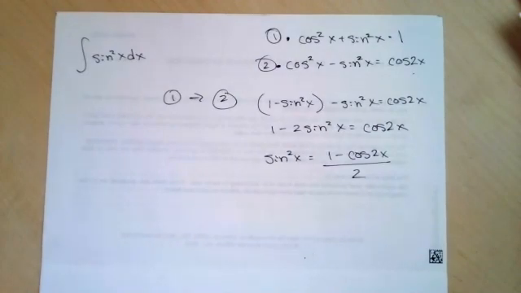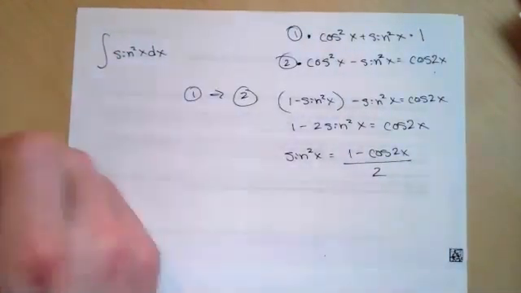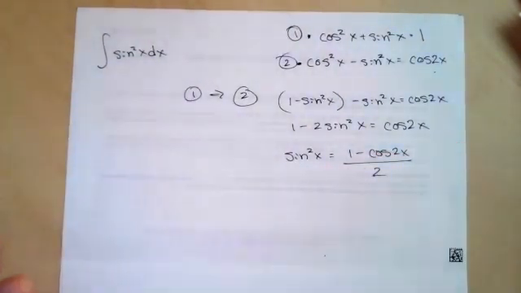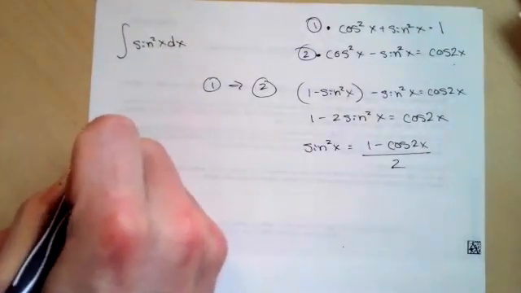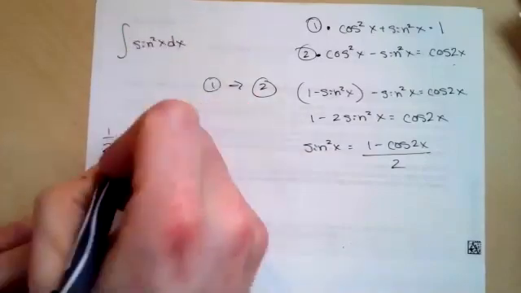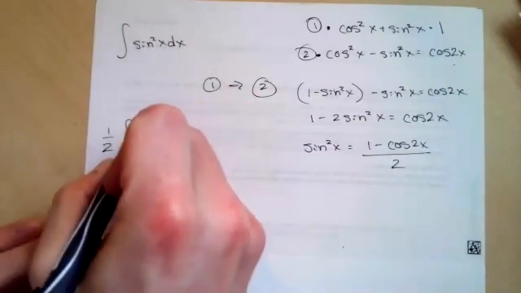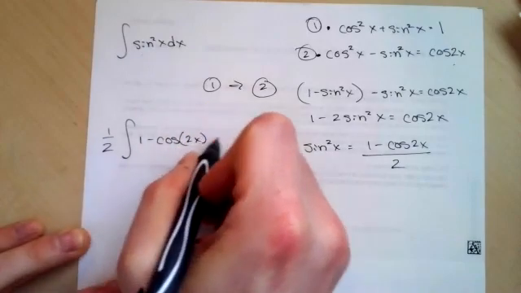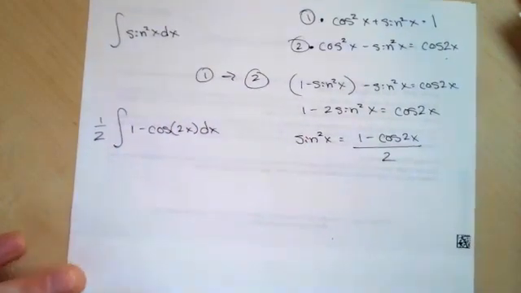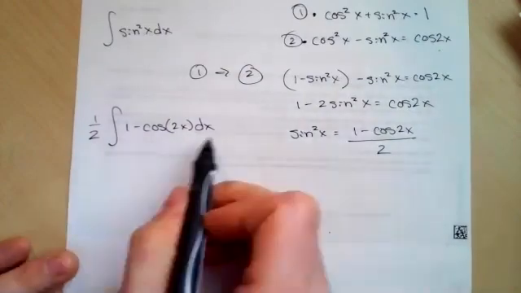And now it's an easy enough substitution, and then we can do the integrals. I like to keep the powers of 1/2 out front. It's much easier for me to organize the work, so I'm just going to pull that out of the integral. So our integral of sine squared is just 1 minus cosine of 2x, with that power of 1/2 pulled out front. And now we can integrate.